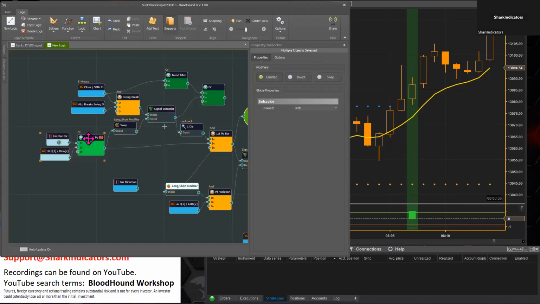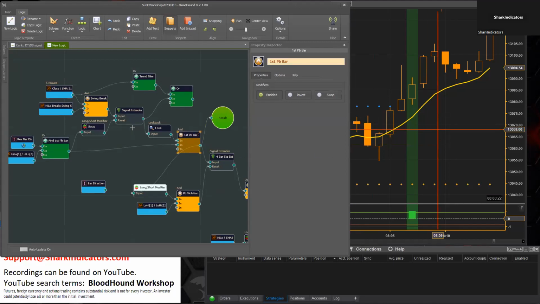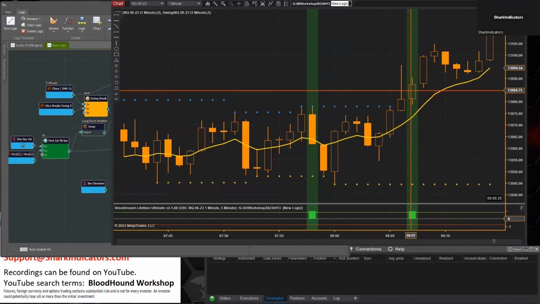But I need the output of this in the direction of the trade signal, so that at this AND node, the output is in the direction of the trade signal.